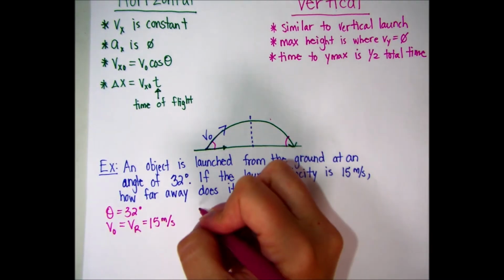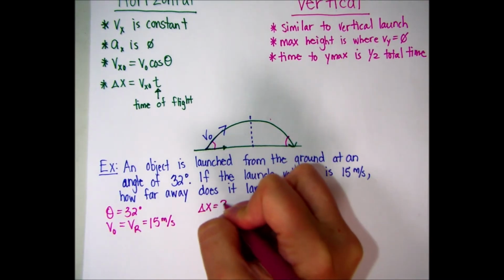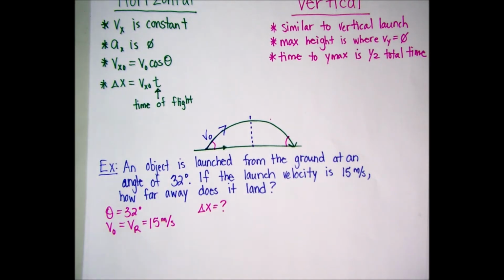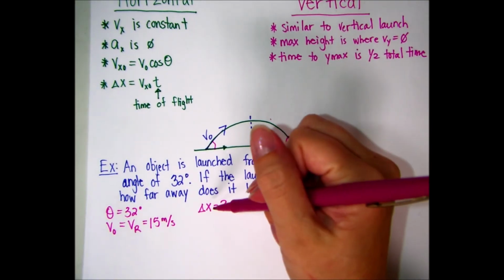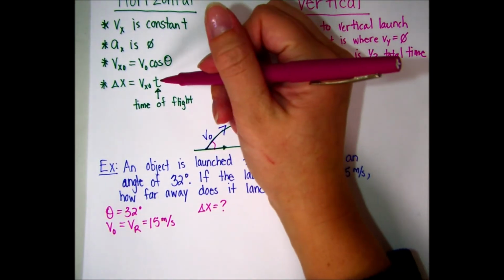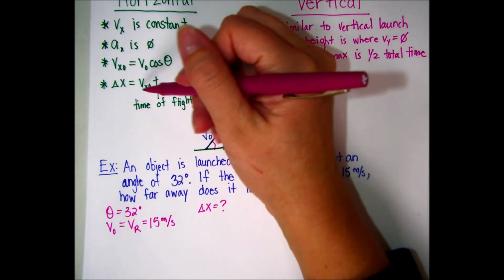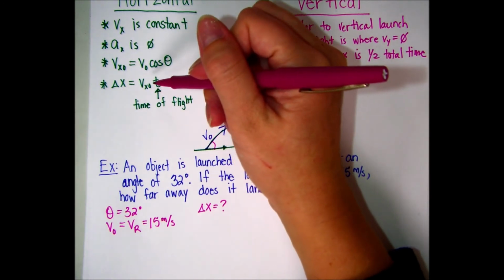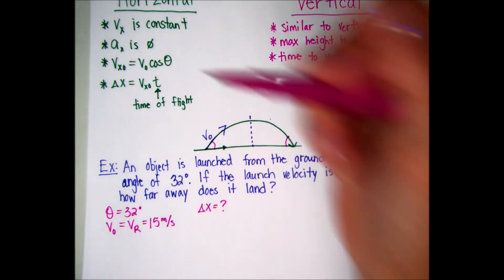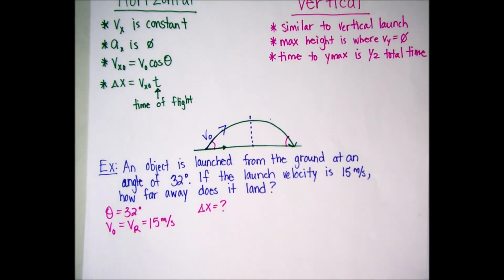Okay, and it's asking for how far away does it land. So I know it's looking for delta x, and I only have one equation that I can use for the horizontal direction, so I need to find these variables. Just like before, I'm going to find the time using the y direction.